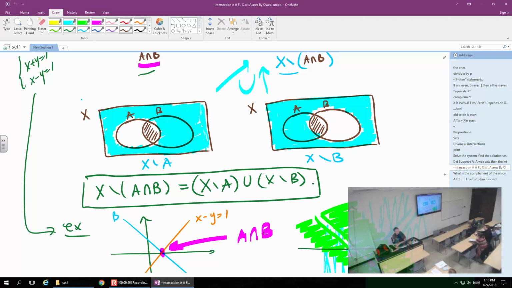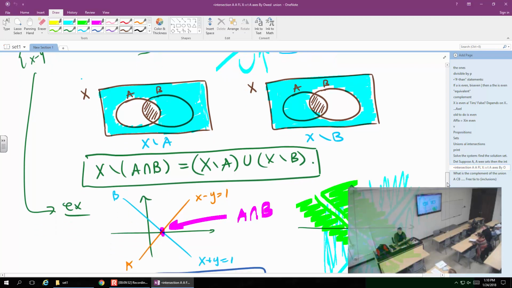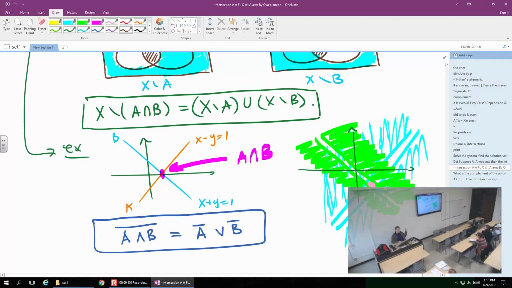It turns out to be the union of the complements. And it corresponds to a logical statement: the negation of the "and" will give you the "or" of the two negations. So once again, there is a correspondence between sets and propositions.